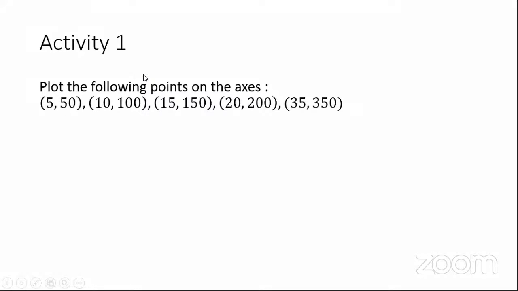Our activity should be to plot points 5, 50, then 10, 100. So we can note them down: 10, 100, 15, 150, 20, 200, 35, and 350.